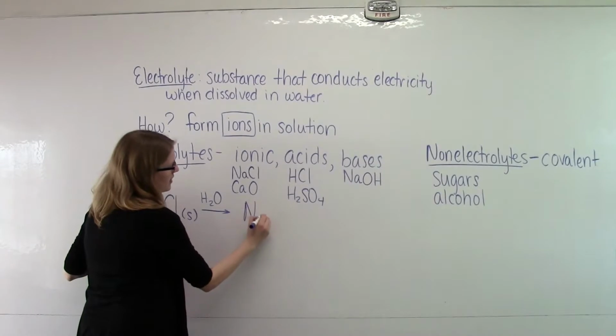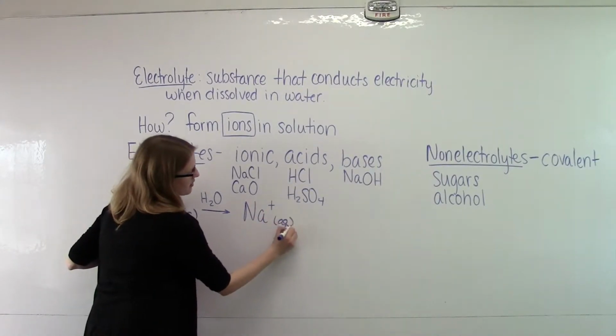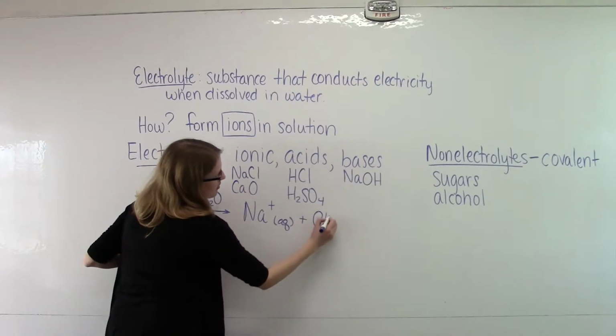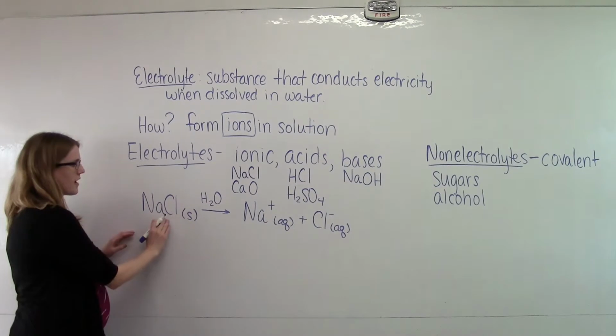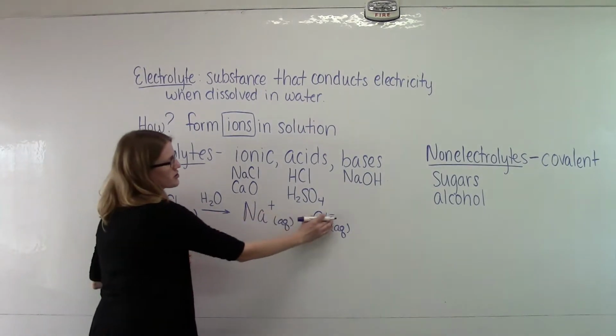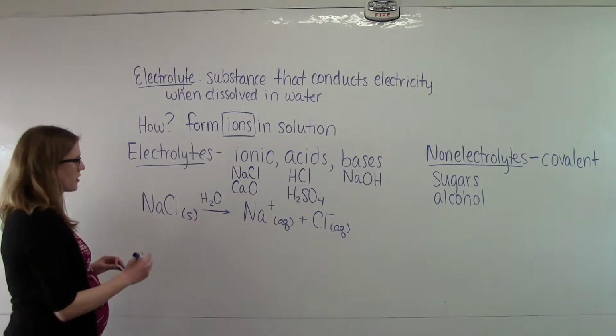So Na becomes Na+ aqueous, plus Cl- aqueous. Remember how we break apart the ionic substances and write their charges in the top right corner.